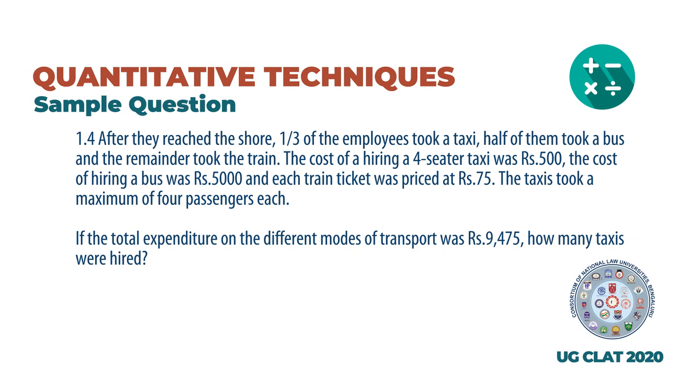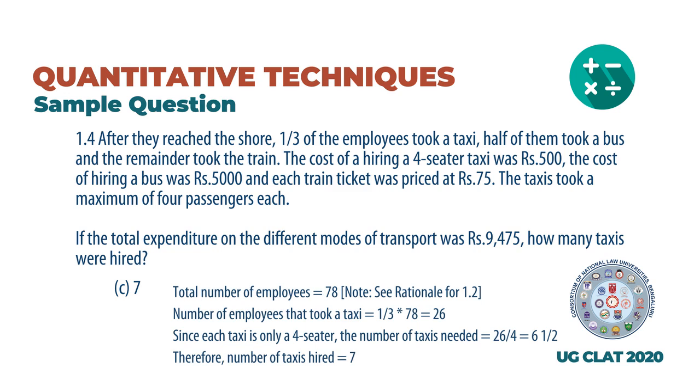Your options are A. 5, B. 6, C. 7 or D. 8. The correct answer is C, and here is the rationale for it. The total number of employees is 78 as per the calculations made in the previous questions.